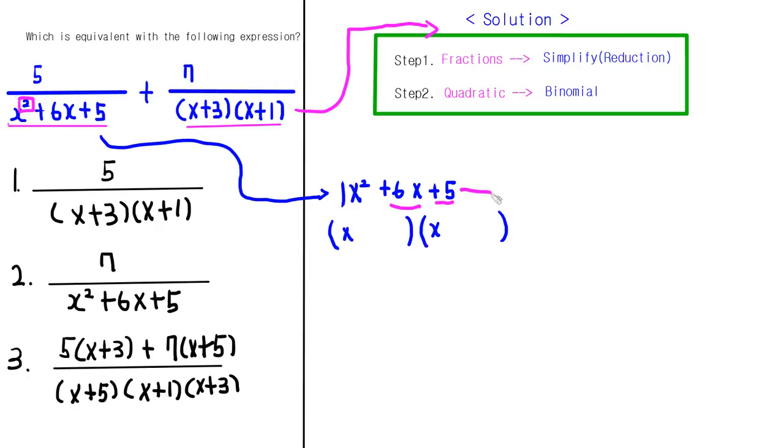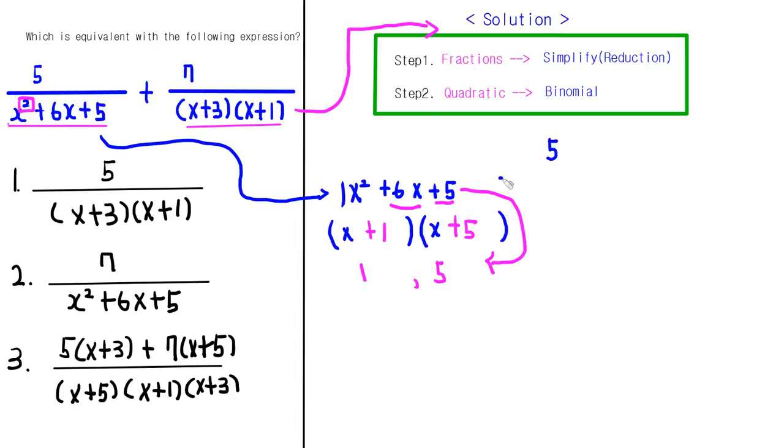So we need to find factors of 5, which is just 1 times 5. It does satisfy this: if we multiply, it gets us 5, and if we add, we get 6. So we can write it down. We finish factoring, and we can replace the quadratic.